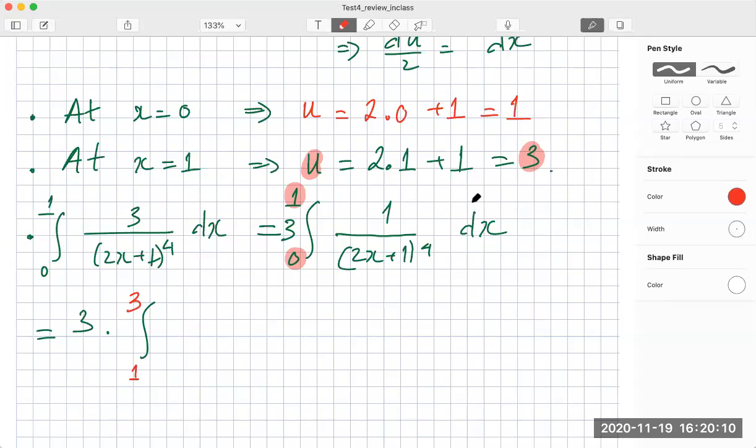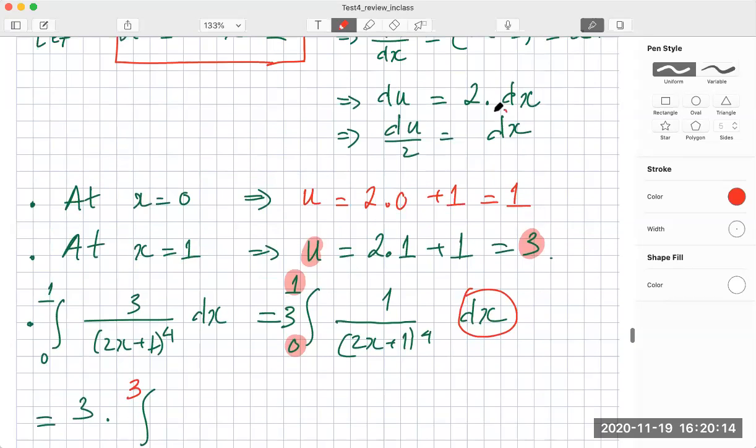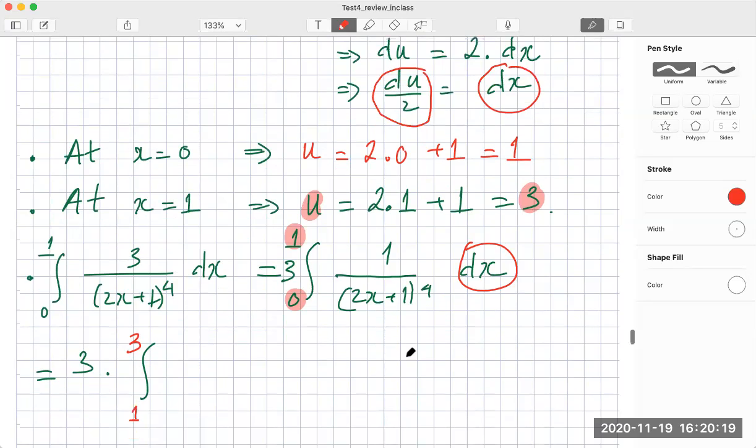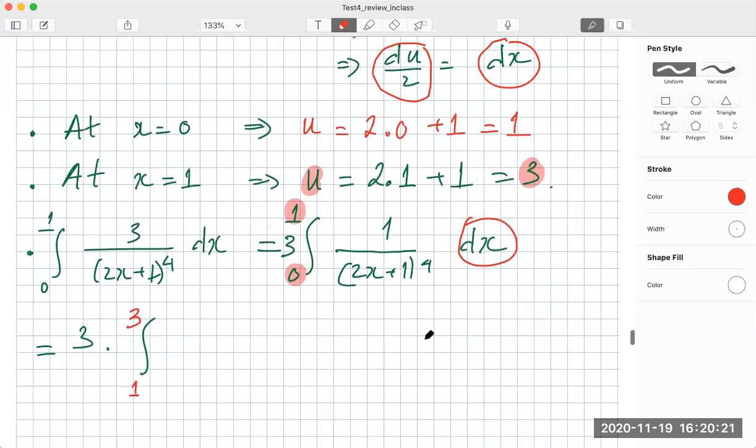And now let us change the dx. We replace it using the relation we found, and dx would be du divided by 2.